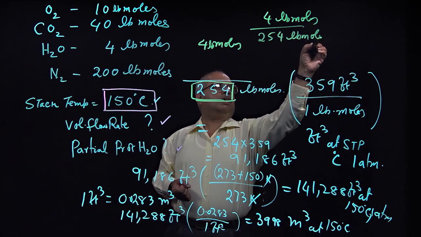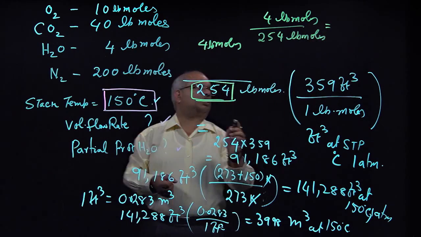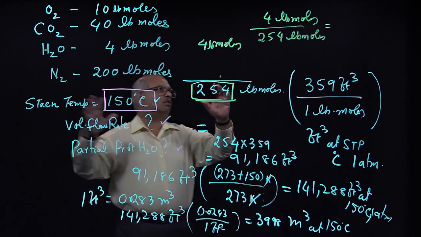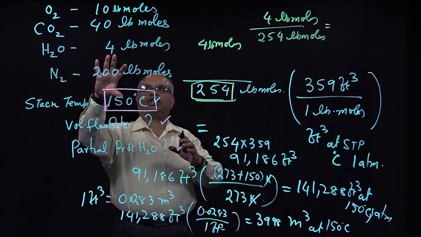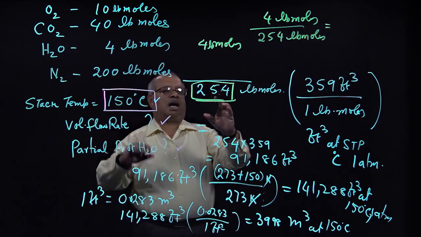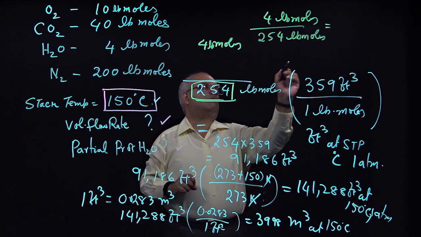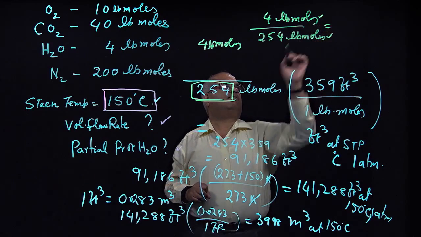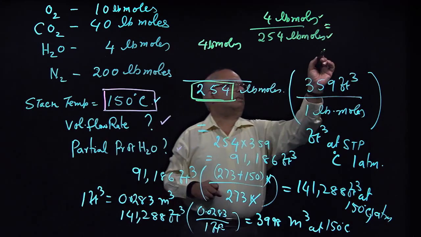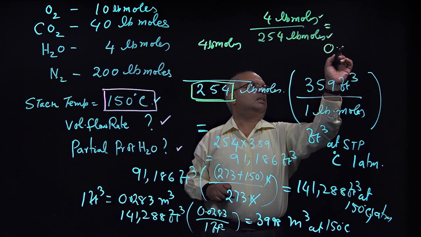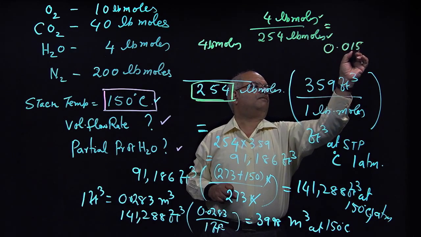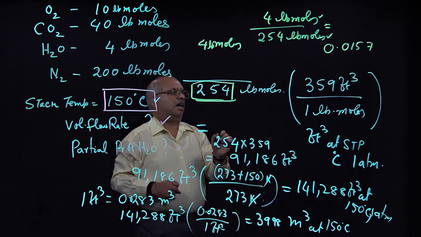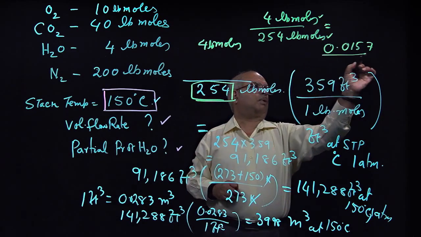This is the fraction of the total pressure exerted by water vapor, proportional to the 4 pound moles. If we calculate this, it would be 0.0157.